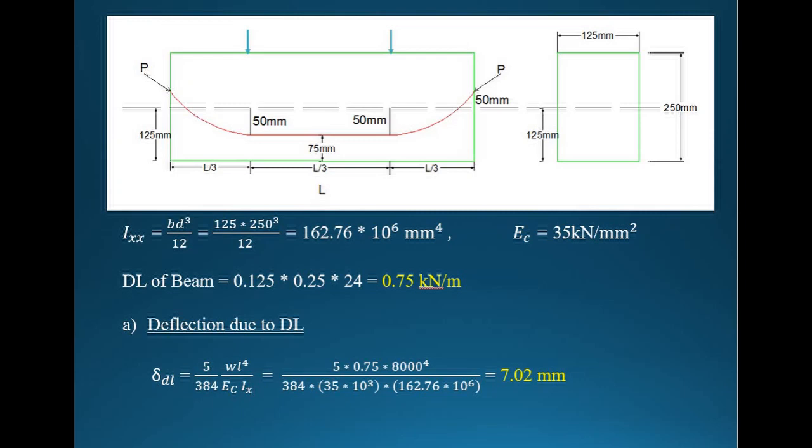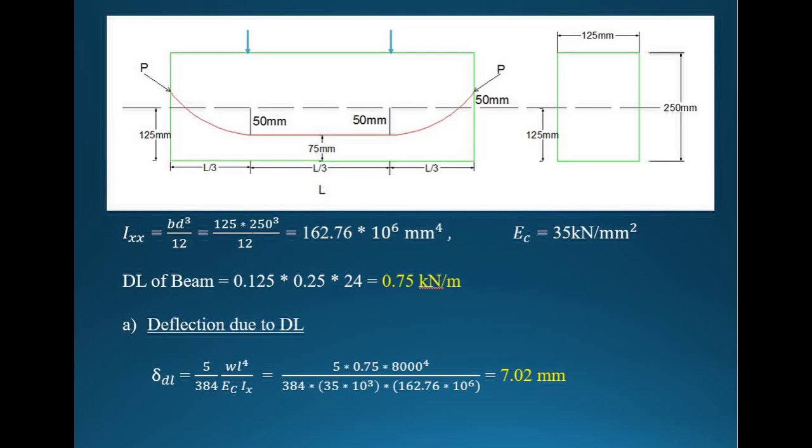In this formula you can observe W is not known and I is not known. Other than that, everything is known. Length is known, Young's modulus of concrete is known. So we should find out this W and I. The moment of inertia for a rectangular cross section is BD cube by 12.